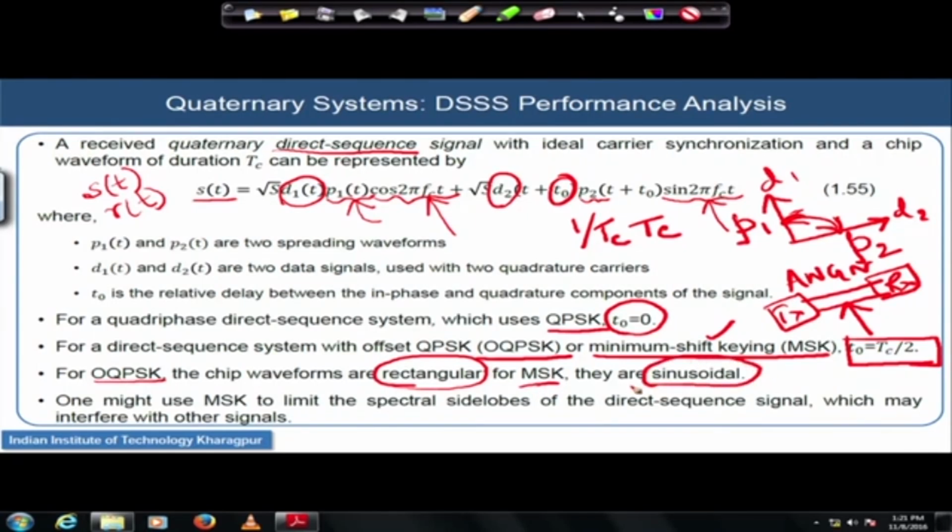signal. So, if you see the spectrum of an MSK signal, you will see that the spectral side lobes for this MSK signal are actually very minimal for the direct sequence signal as compared to QPSK or OQPSK. So, that is why, if you have high spectral lobes, you have to capture those lobes also inside the receiver to extract the signal.